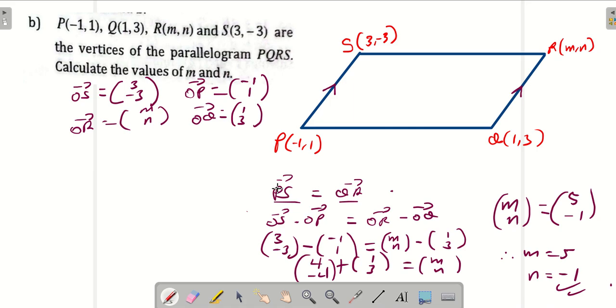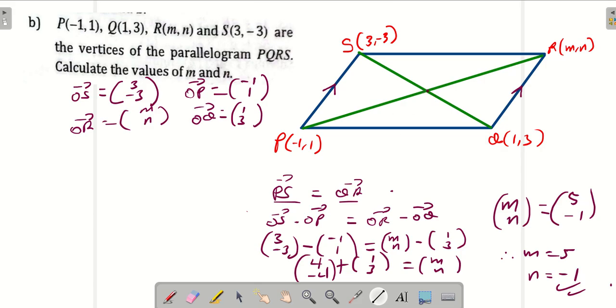Now, what are some of the properties of a parallelogram? One property is that the diagonals bisect each other. Is that right?